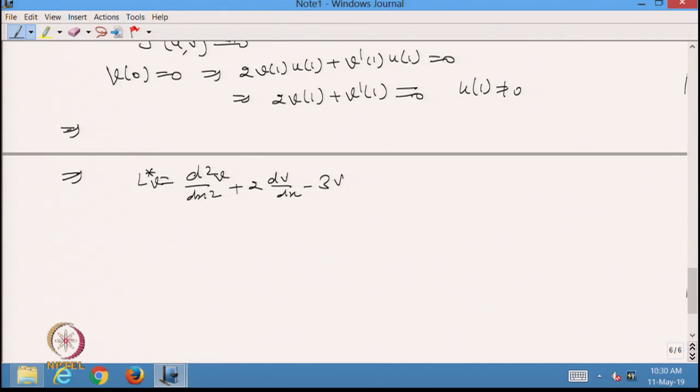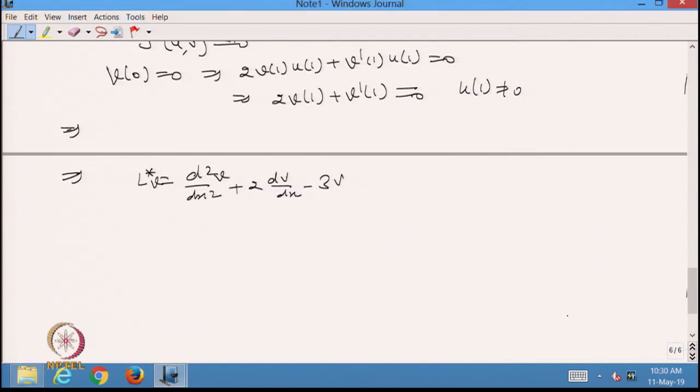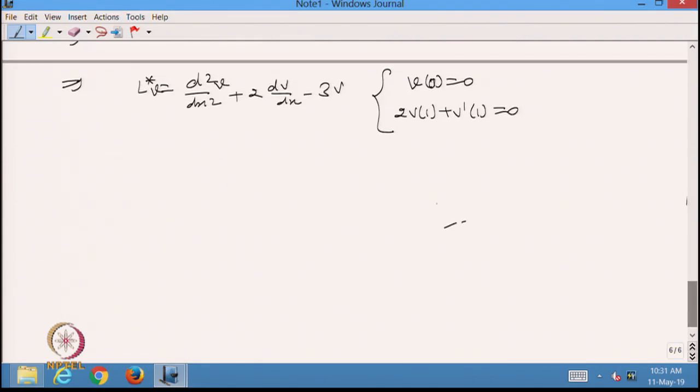So, that is my corresponding adjoint operator. And my B star, the boundary conditions, are that v1 is 0, v0 is 0, and 2 v1 plus v'1 equals 0. So, these are my corresponding boundary conditions. Now, we want to find out what the Green's function will be. So, let us start finding the Green's function for the given equation.